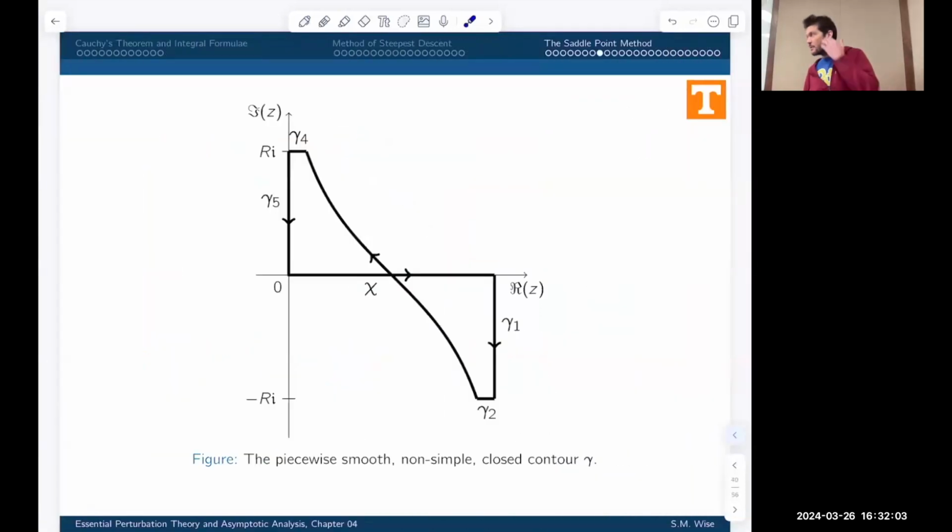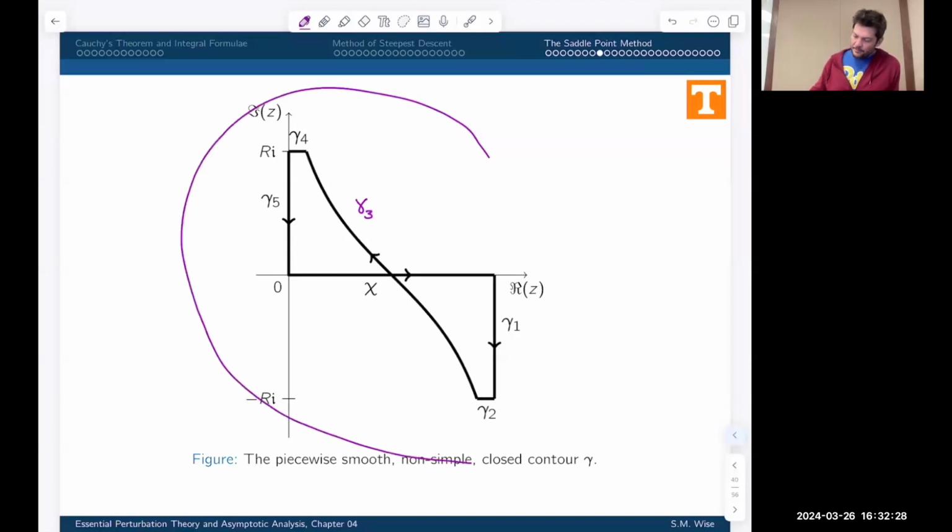So here's the contour that we want, drawn out in full detail. I did realize, though, I forgot somewhere along the way to actually label gamma 3. So there's gamma 3. I'll need to tell ChatGPT to add that. Remember, I want things to be contained in a finite set so that my theory works.